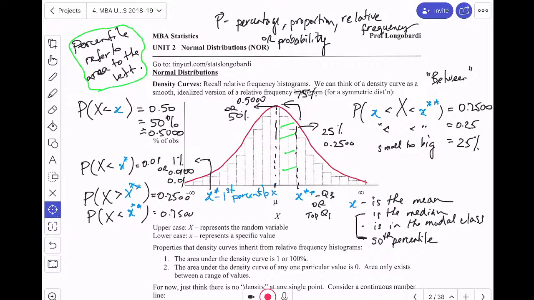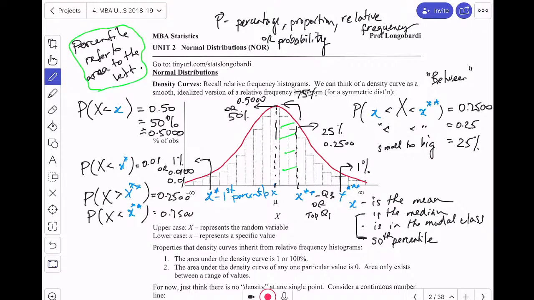So area to the left is percentile. Area to the right, we call it the top percentile. So let me do one more example about the top. So if you want to know about the top 1%, let's do the top 1%. If that was 1%, and I just say that that's, I'll just make it X triple star, what the heck.